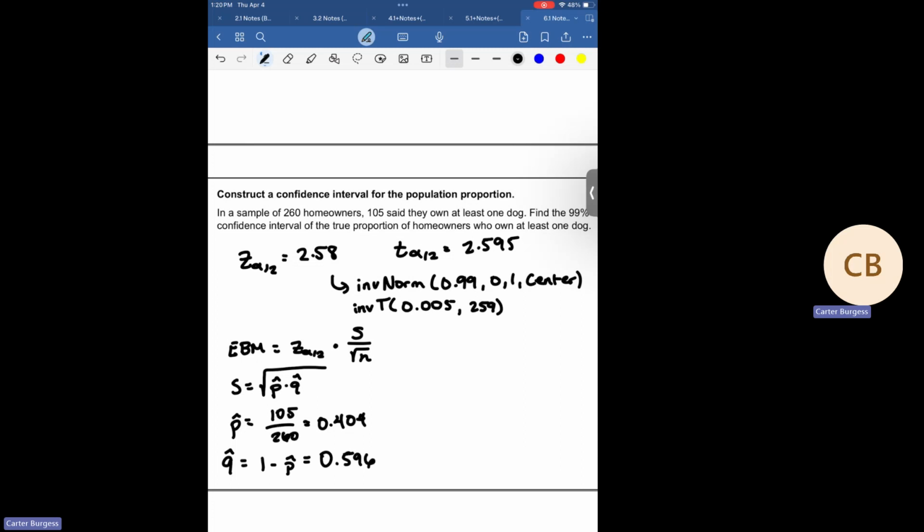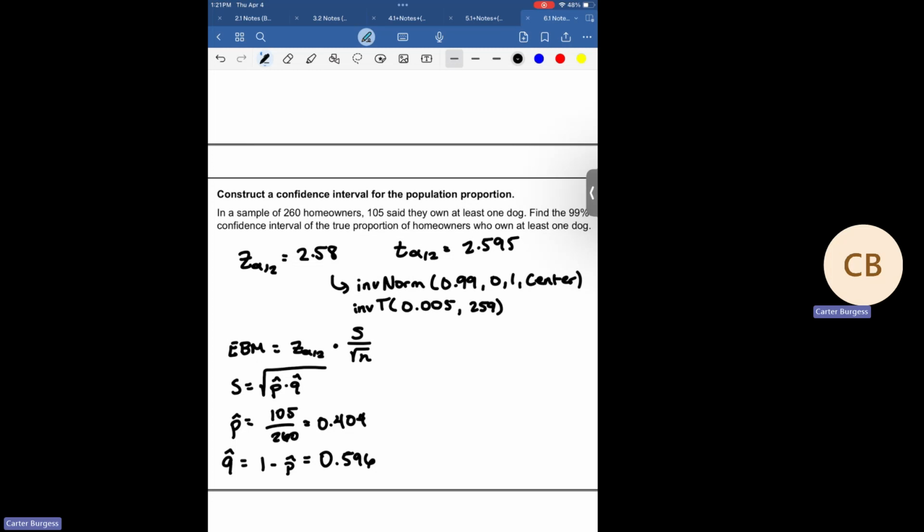Ethan did this slightly differently. Ethan instead did 260 minus 105 to get 155, and then did 155 out of 260 in order to get Q. Would that work as well? Yeah, if 105 own then 155 don't own, so it's 155 out of 260, which gives us the exact same thing.